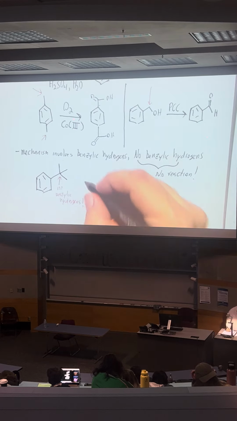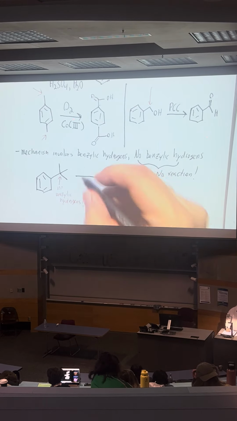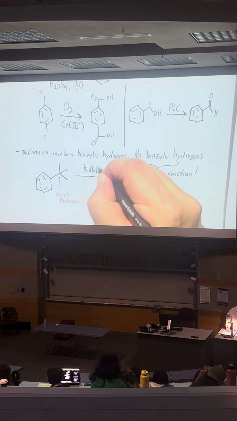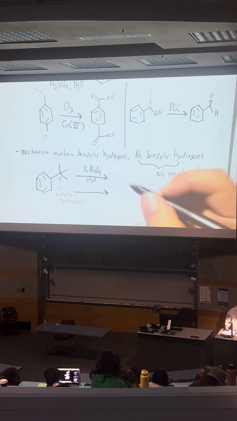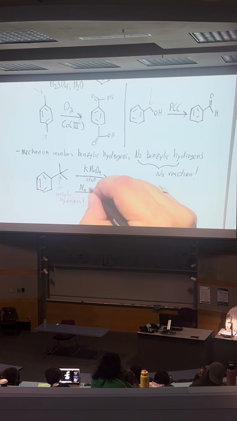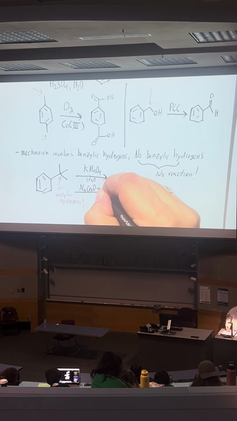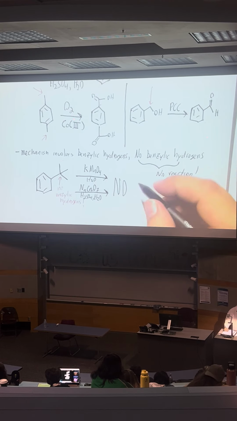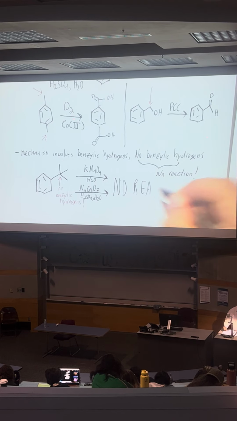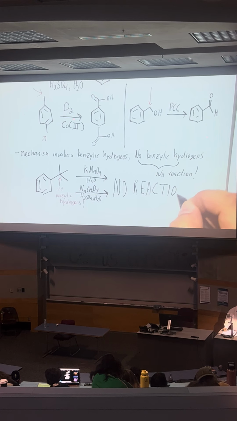So something like this, if you chuck potassium permanganate and water at it, or if you hit it with the in situ synthesis of chromium-6, which is sodium chromate and sulfuric acid, both of these result in no reaction.